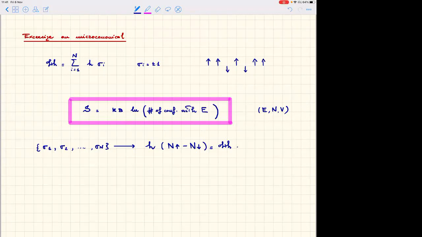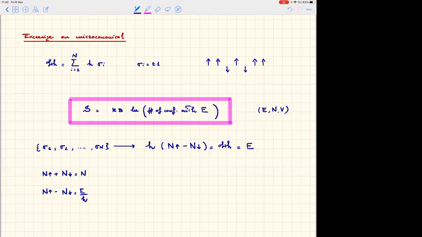Now if I fix this to be equal to a certain E, it is clear that fixing the energy is equivalent to fixing the difference n up minus n down, correct? So n up plus n down is equal to n, and n up minus n down is equal to E divided by h.